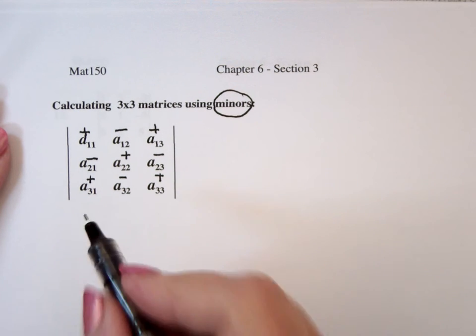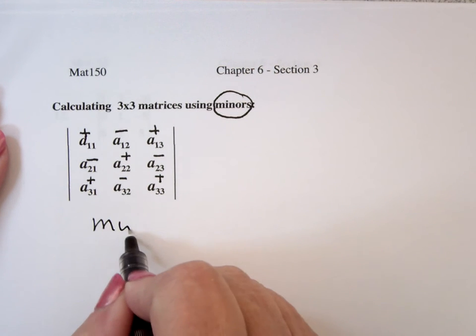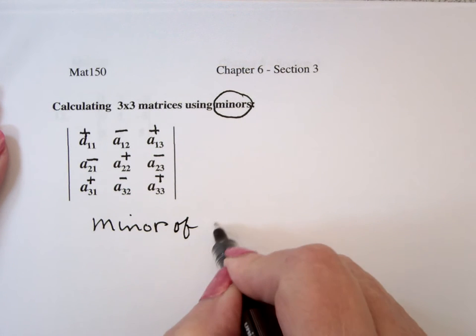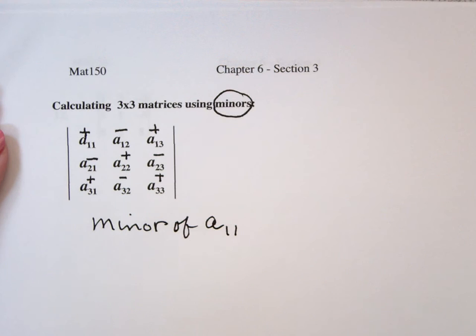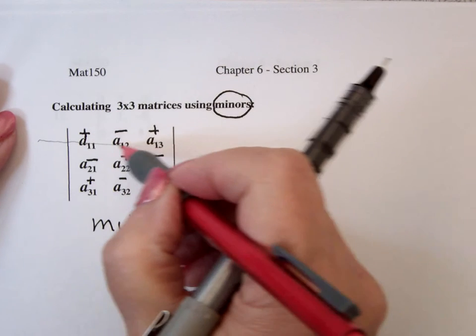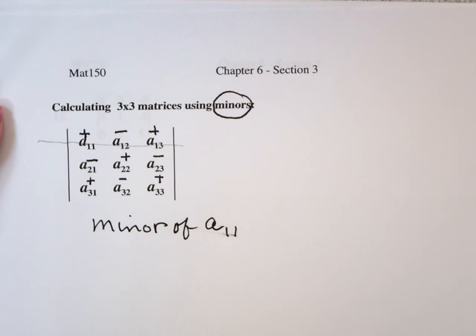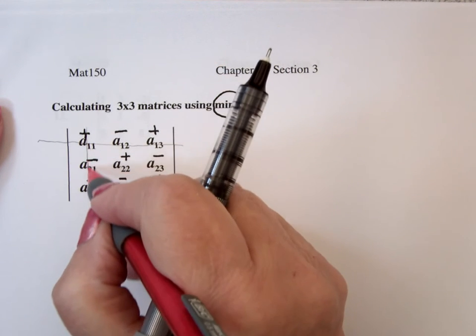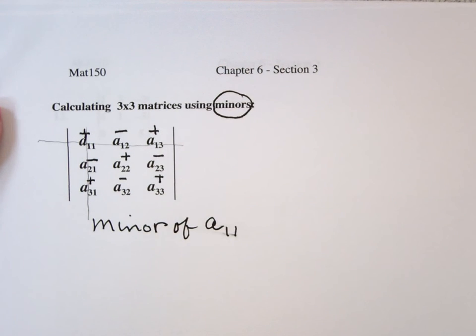So let's talk about what a minor is. The minor of A sub 1,1. What you do is, and I'm going to do it lightly with pencil, I am going to cross out the row A11 is in. I'm going to cross out the column A11 is in.